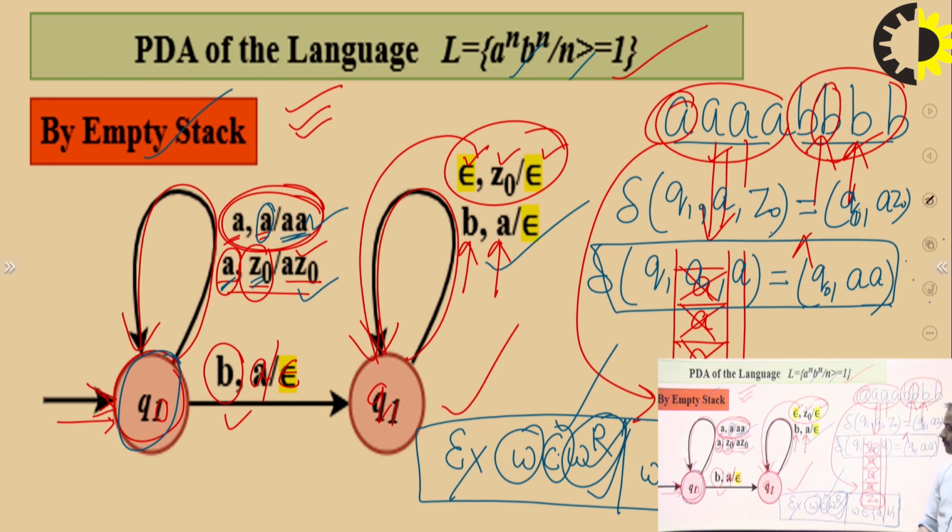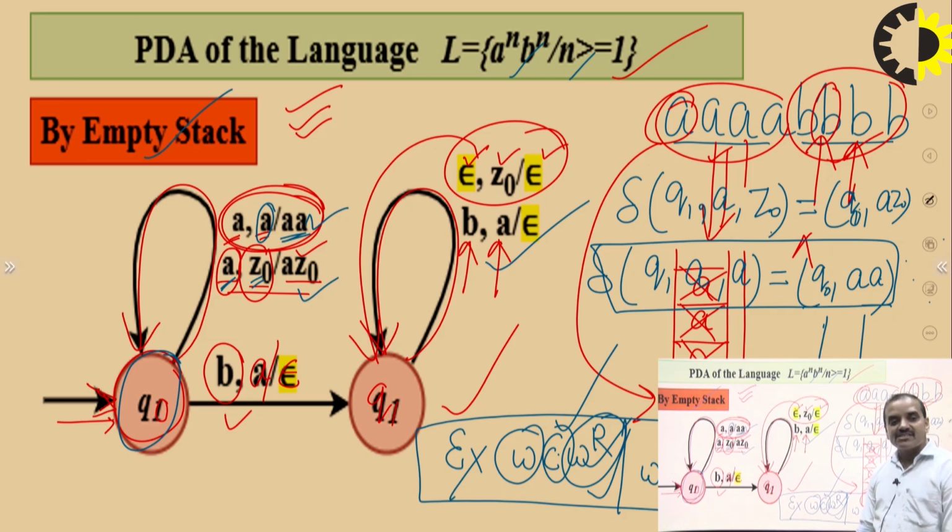So, before C, whenever A or B is encountered, we have to push it inside the stack. When A is encountered, we push it inside the stack, or when B is encountered, we push it inside the stack.